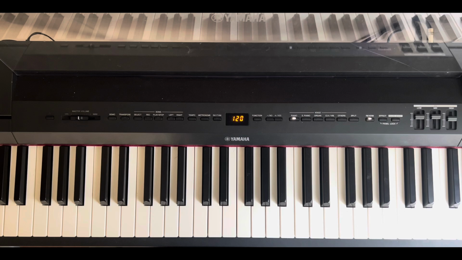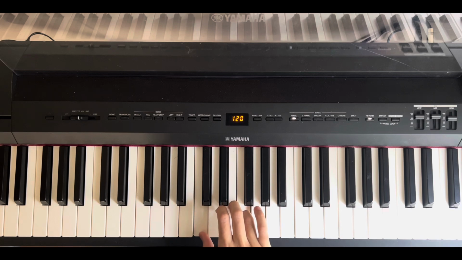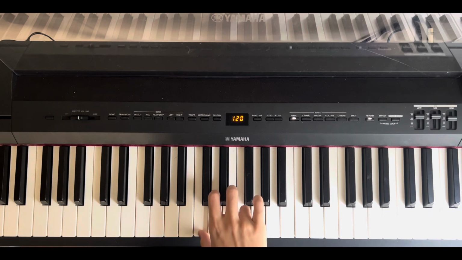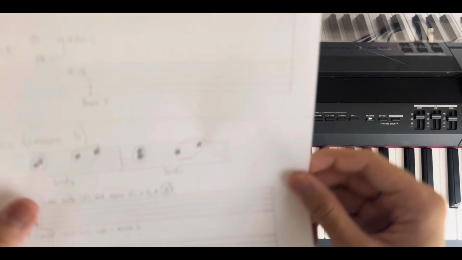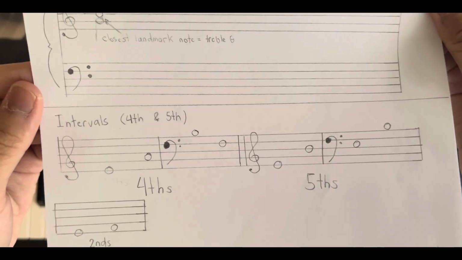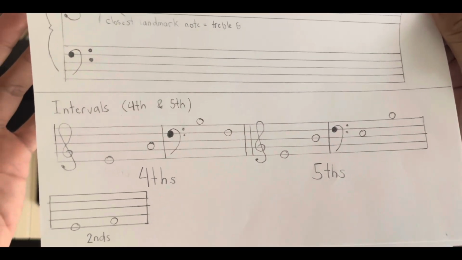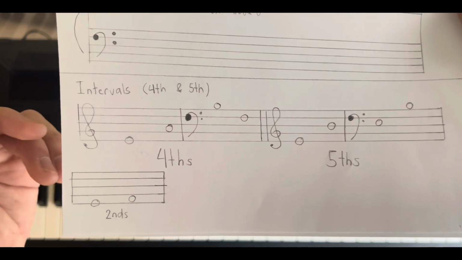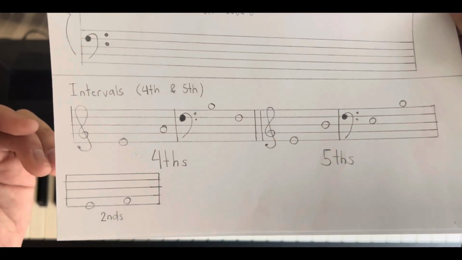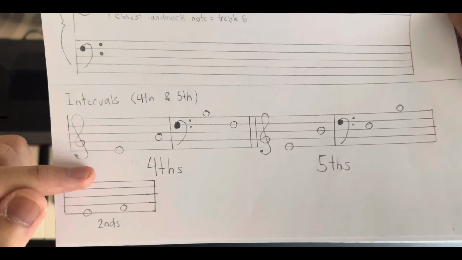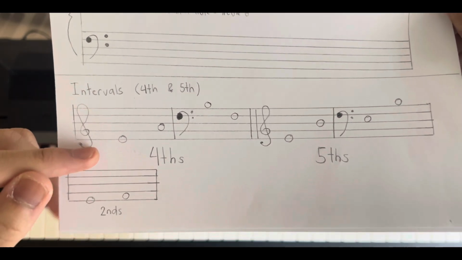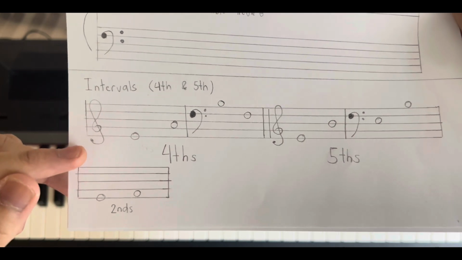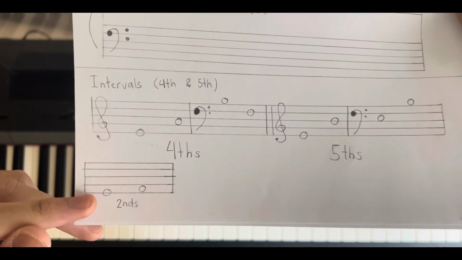On the piano, the fourth is 4 notes apart. On the staff, fourths either start from a line note to a space note or space note to a line note. You'll notice that the fourth line-space pattern is similar to that of the seconds.